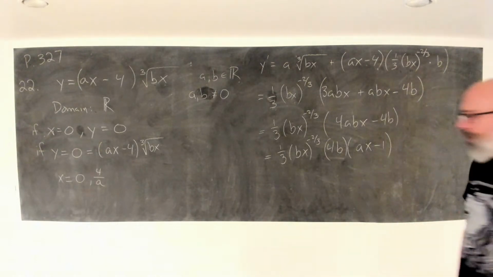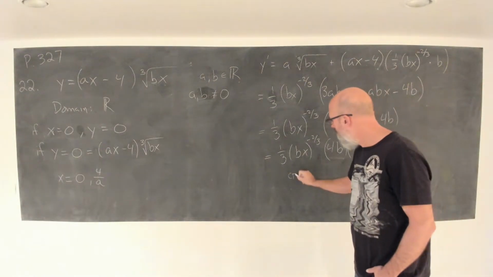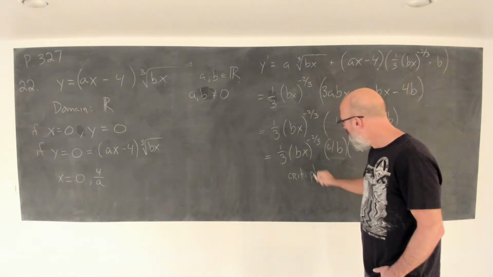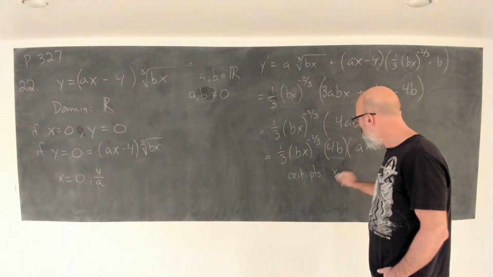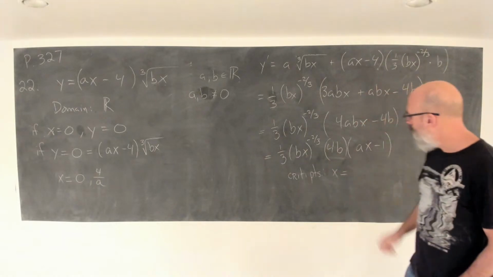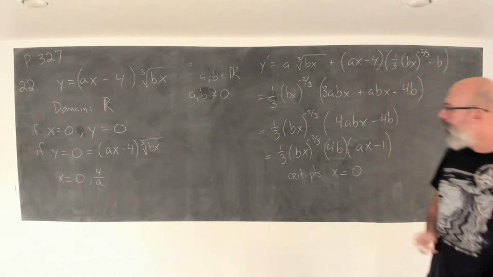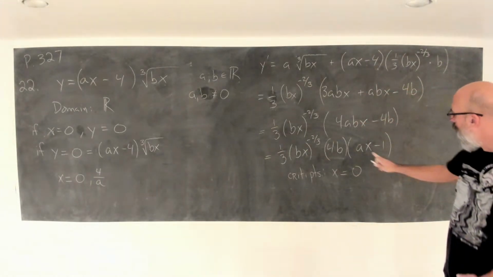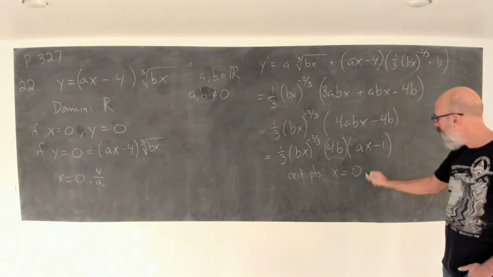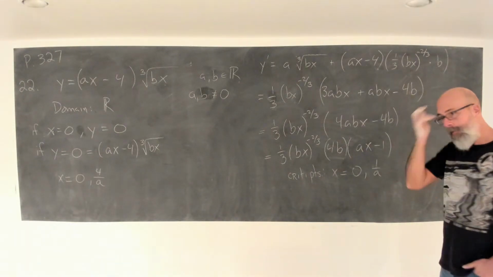So we see critical points: x equals 0, where the derivative does not exist, and x equals 1 over A.